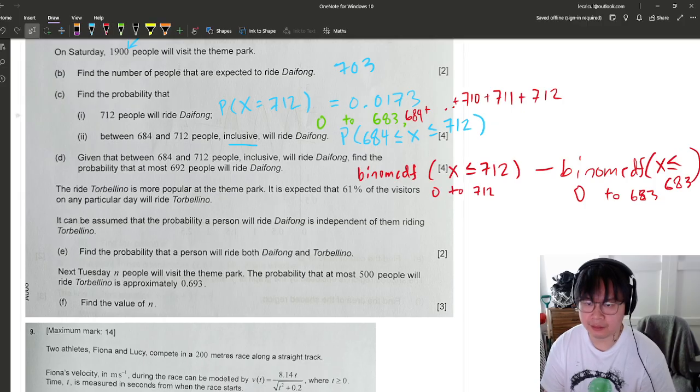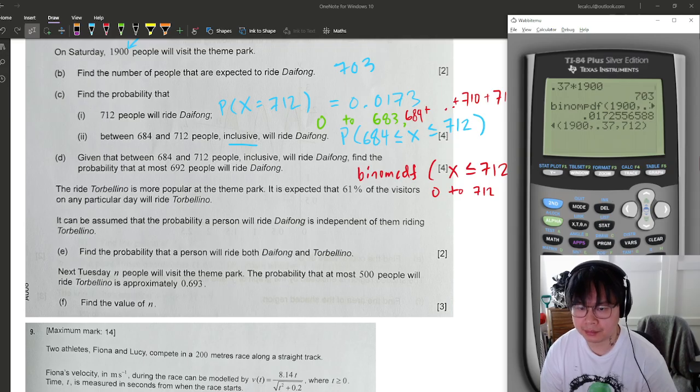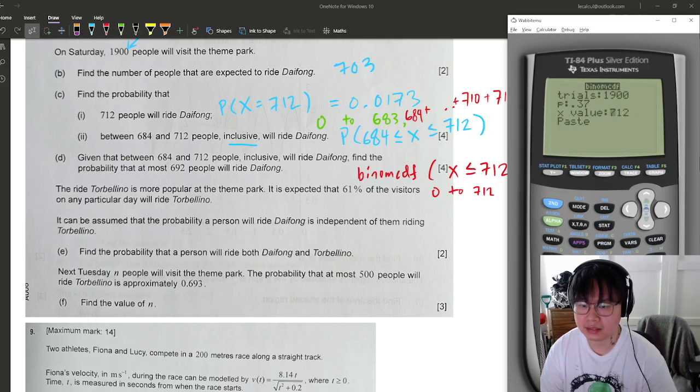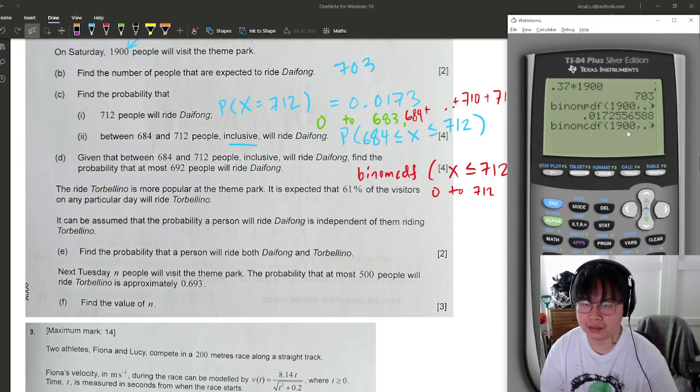And what does that leave me with? That leaves me with 684 to 712. Paste. So there you go, 0.498.